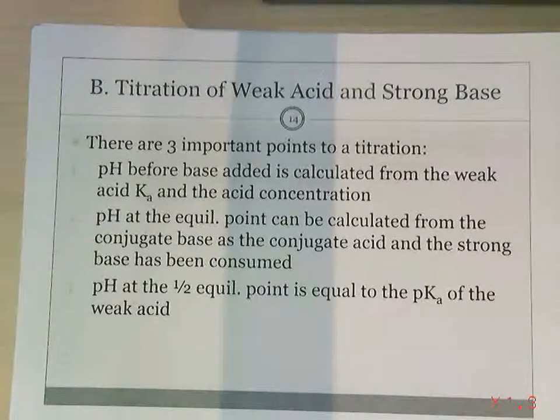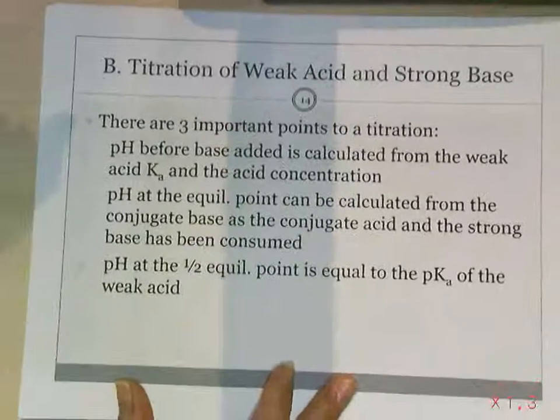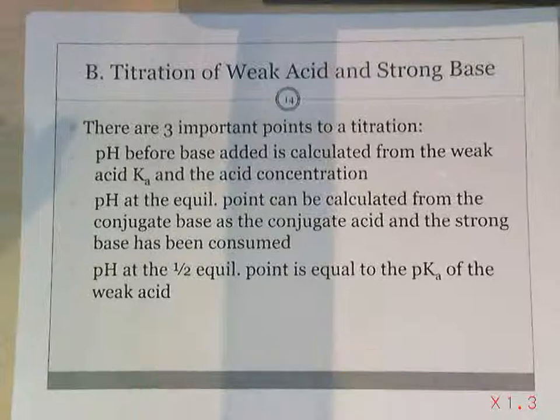All right, so let's move on to the trickier cases where we don't necessarily know exactly what the pH is going to be at every step. So there are 3 key parts to a titration that we're going to look at every single time, just like we did in the strong.